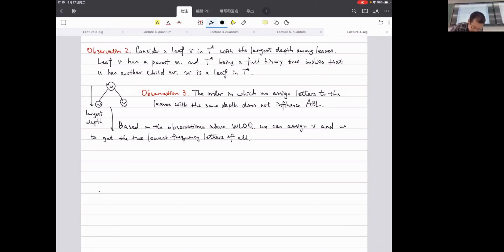This V and W is just like the V and W we drew in this graph.